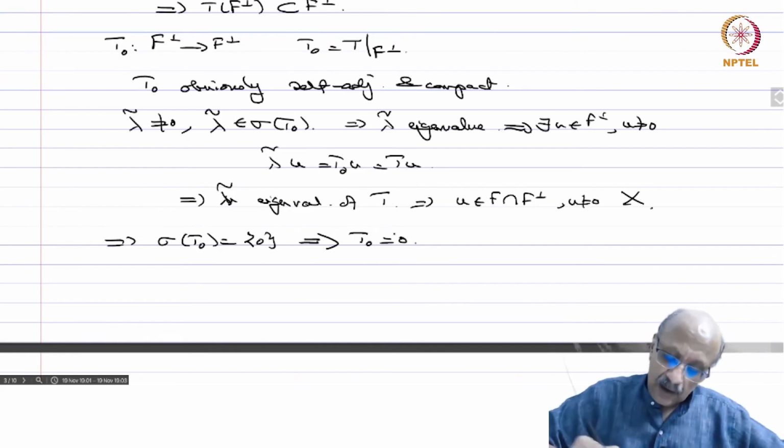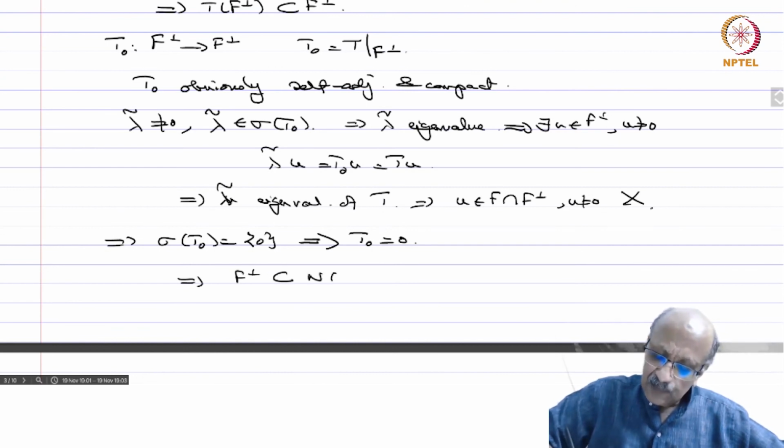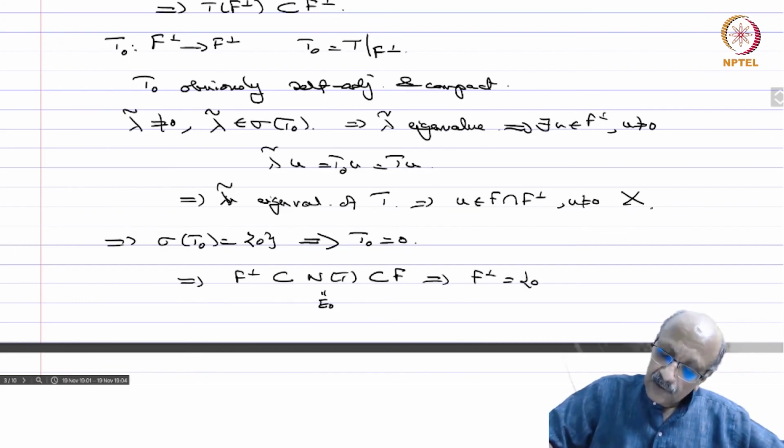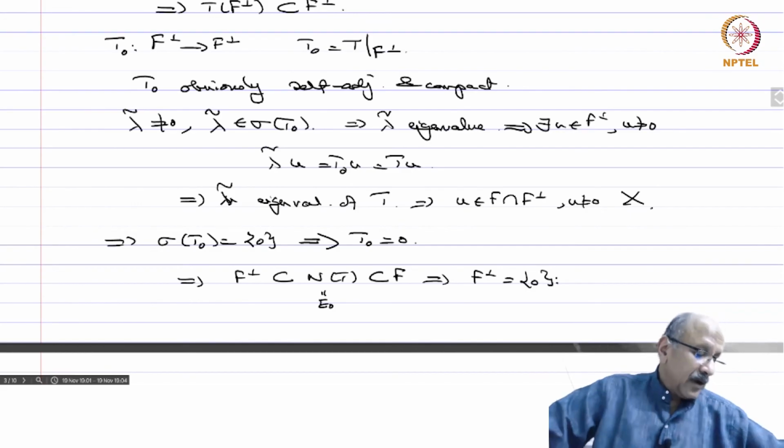So that means F perp is contained in the null space of T, and null space of T is contained in F. This is E_0 in fact. And therefore F perp equal to singleton 0. That's the only way it is possible.